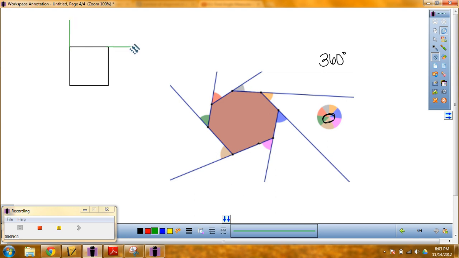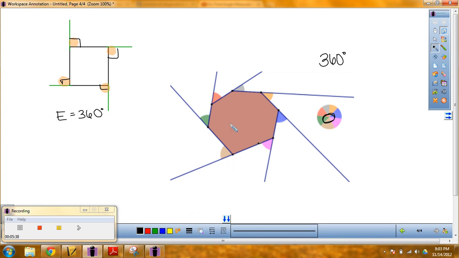There's a side, extend your side, extend your side, and there you go. Right? And here's an exterior angle, exterior angle, exterior angle, exterior angle. We know that these are going to be 90-degree angles, so this is 90 plus 90 plus 90 plus 90. And there our sum of exterior angles is 360 degrees.